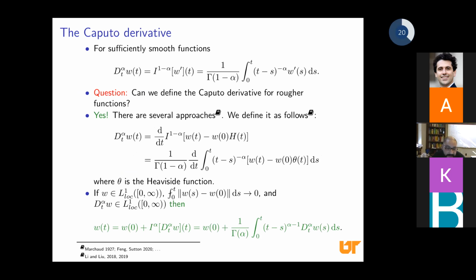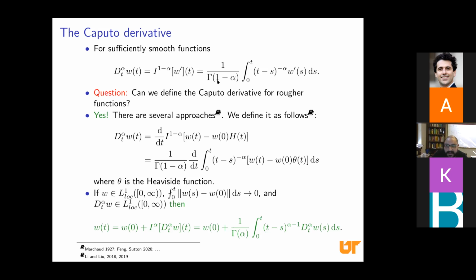Before I do that, of course, finally, I can tell you what the Caputo derivative is. For sufficiently smooth functions, the Caputo derivative is defined this way. What are we doing here? We take the function, we differentiate it once, and then we integrate it 1 minus alpha times. Morally, this derivative and this integral are going to cancel, so I'm integrating minus alpha times, or differentiating alpha times.